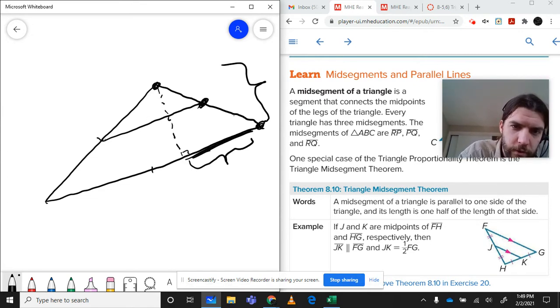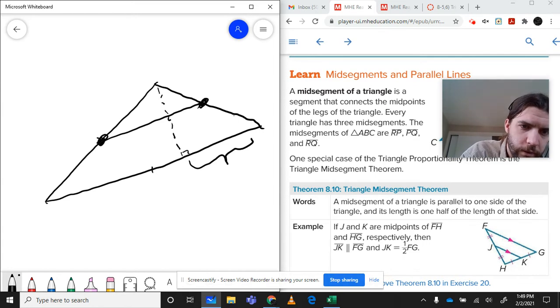So if, from left to right, it's in the middle of that, and up and down, it's in the middle of that as well. I may not have drawn it perfectly, but that's where it should be if it's a midpoint. So it's in the middle of the x direction and it's in the middle of the y direction.